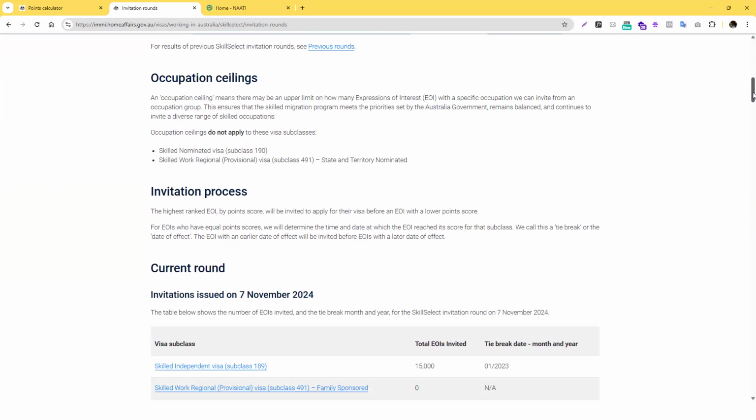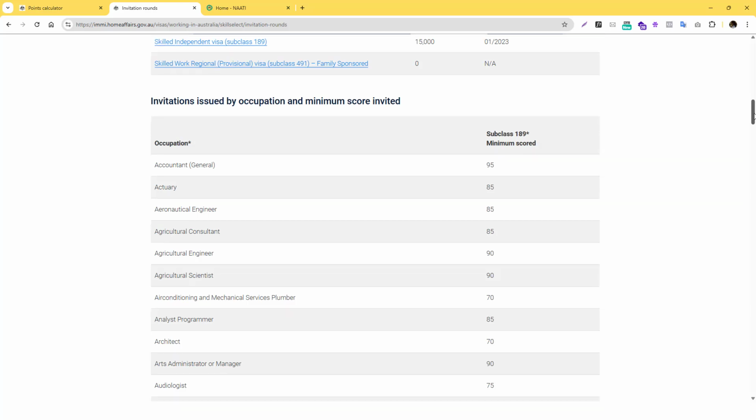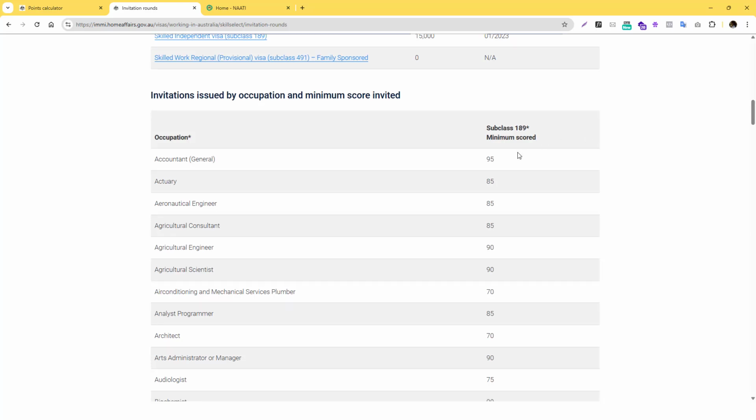Now, if you go into this website, this is more on invitation round outcomes. These are the ideal scores of professions that normally get invited in 189. And as you notice, they have different points really. So accountant has a higher point. In most cases, 95 points usually get invited. So if you have fewer points than that, the slimmer your chances of getting invited.